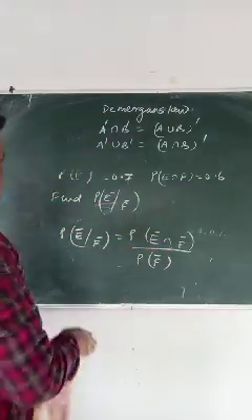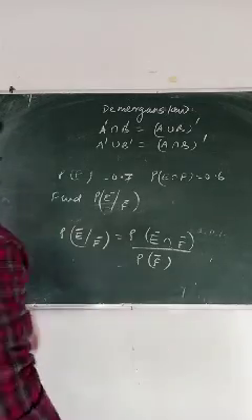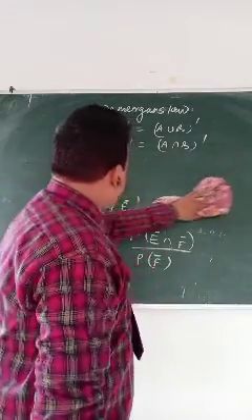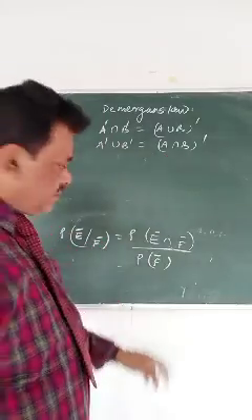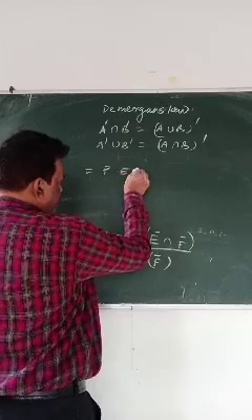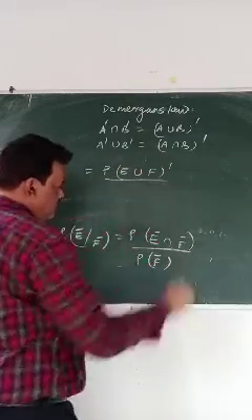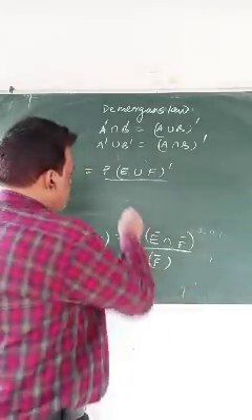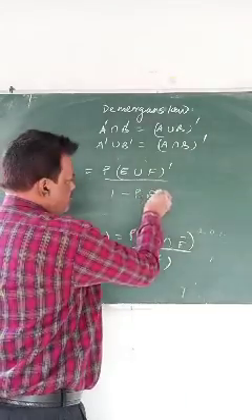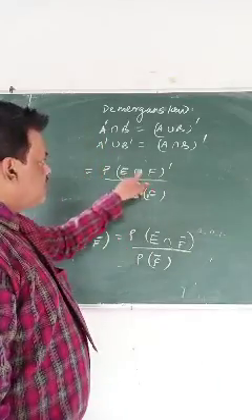So what shall I write here? This is P of (E union F) complement, by P(F complement). This one, it is 1 minus P(F). This you know. Okay. So what about this?